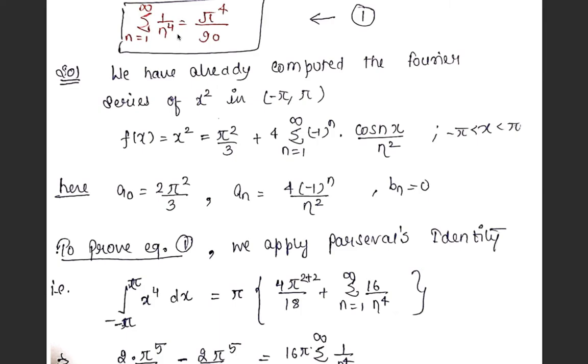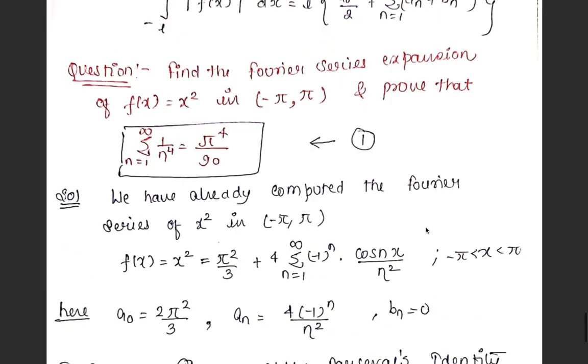What I want to say is, even if I take any value within this interval, I am not going to obtain the value of this summation, because in this expression I have 1 by n square, but I want the summation of 1 by n to the power 4. Clear? So to handle these types of equality, we always apply Parseval's identity.